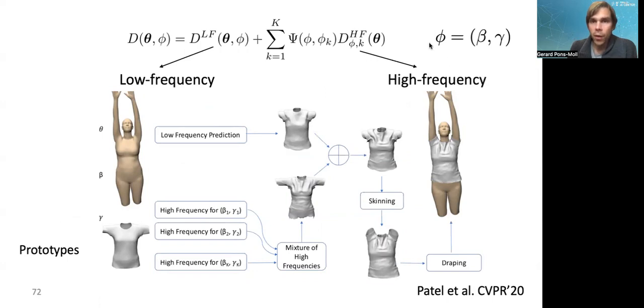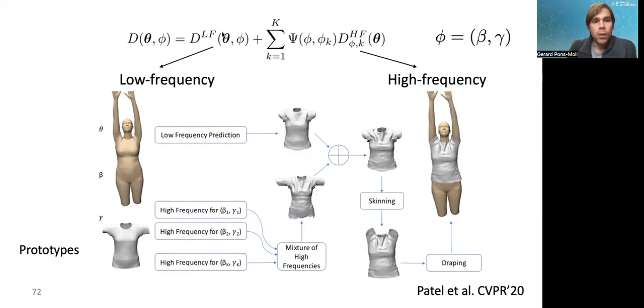Let me define a new variable to make the notation a bit easier. This is phi over here, which is a tuple of shape parameters and style parameters. Again, style parameters are for a given garment category. For example, for t-shirts, it would determine how wide the t-shirt is or how long the sleeves are, but it would not go from, for example, short sleeve to long sleeve, right?